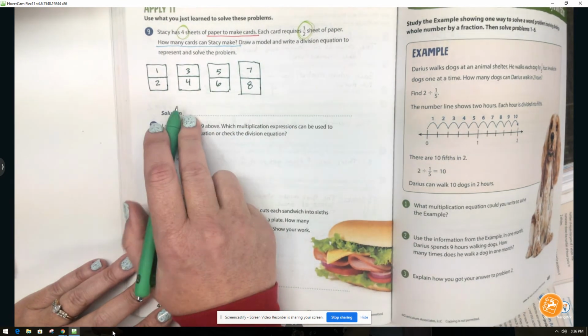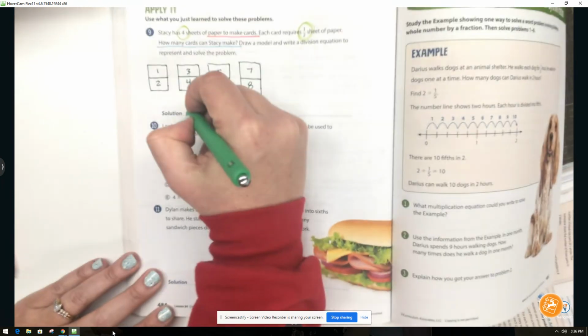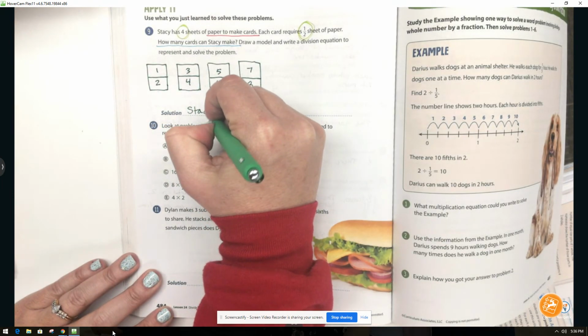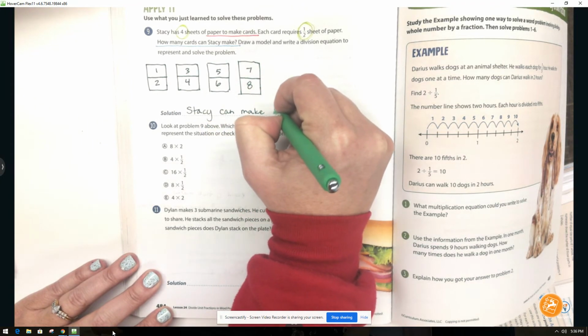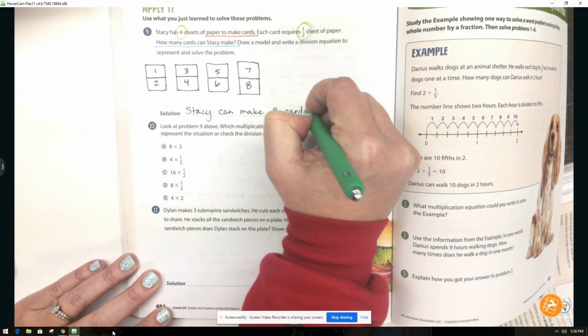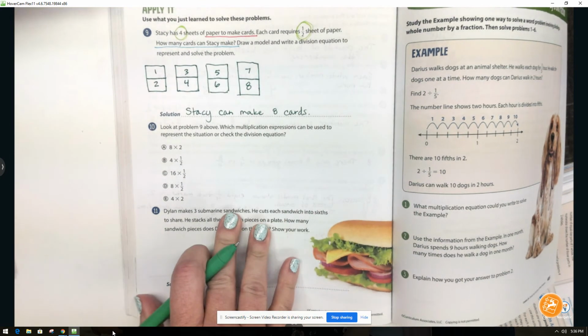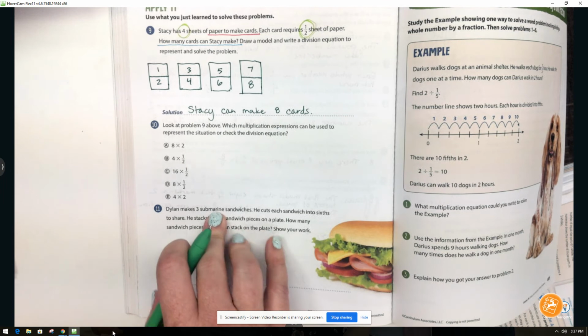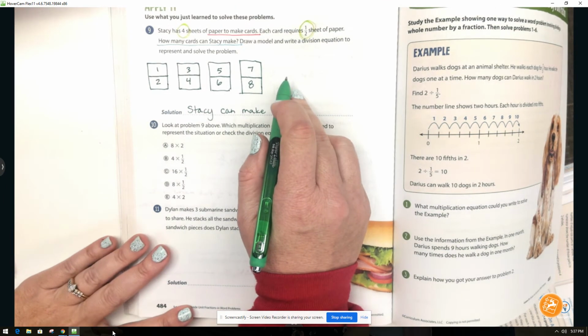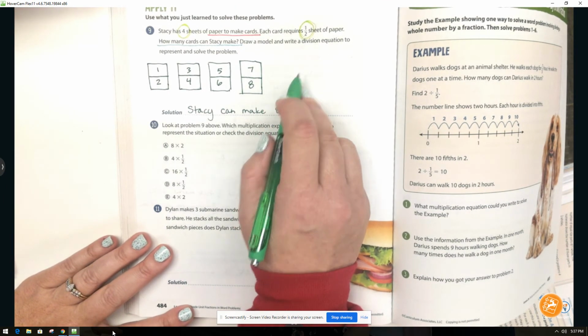And so we know that Stacy can make 8 cards. Now, we're not done yet. We drew the model, but we didn't write a division equation to represent the problem. So what goes first?